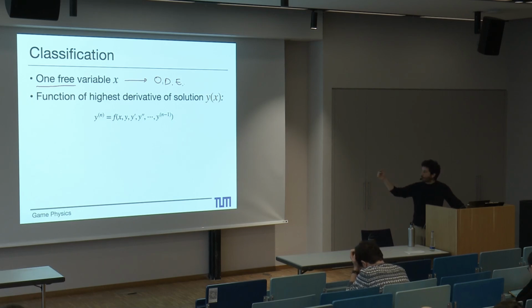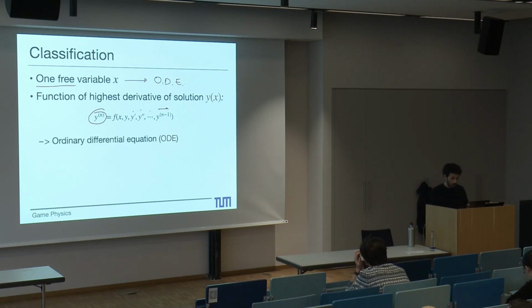In the previous case, we have seen that the second derivative of our position was a function of the free variable, the actual quantity, and its first order derivative. But in general, this can be extended to first order, second order, third order, whatever order, up to n-1, and then we can write the nth order derivative as a function of all the previous ones.